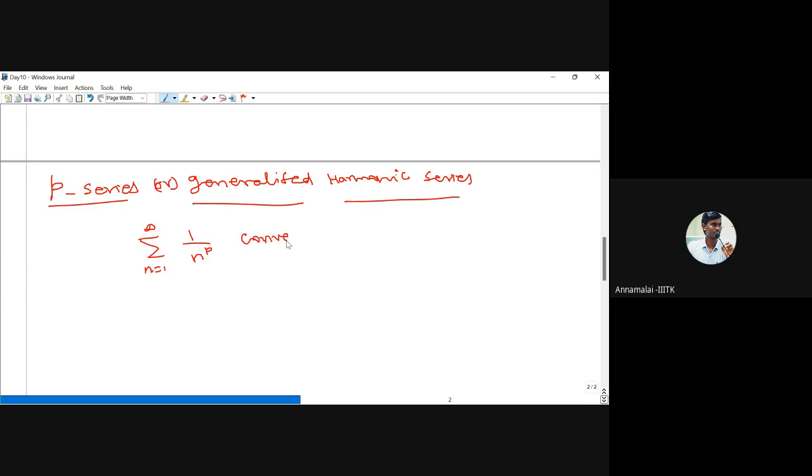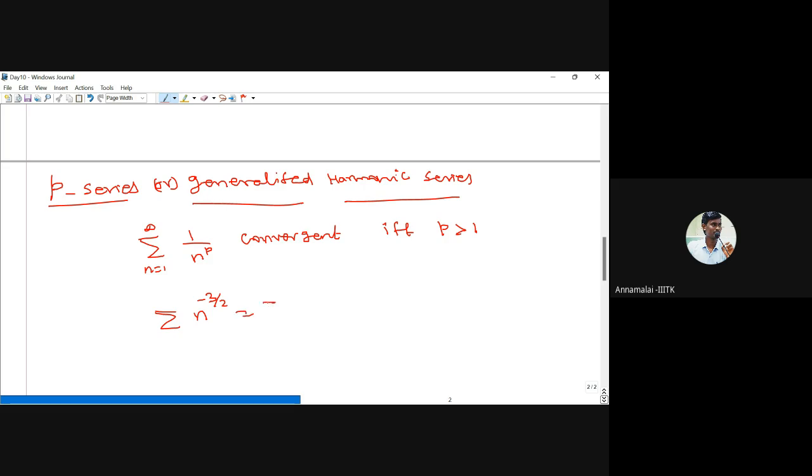This series is convergent if and only if p is strictly greater than 1. If p equal to 1, that is the harmonic series, and we already proved that the 1 by n series is not convergent. But 1 by n power p, where p is bigger than 1, always converges. It's a very important thing. Sometimes they will ask whether summation n power minus 3 by 2 converges or not.